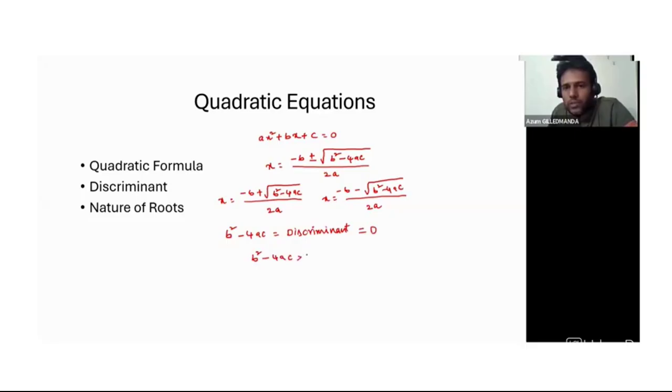It can be a positive value, which is greater than 0, it can be equal to 0, or it can be a negative value. If b square minus 4ac is a positive value, then that quadratic equation will have two real and distinct roots.